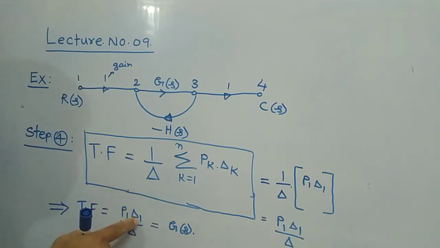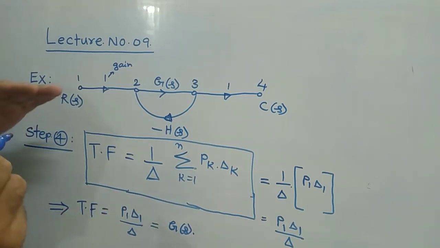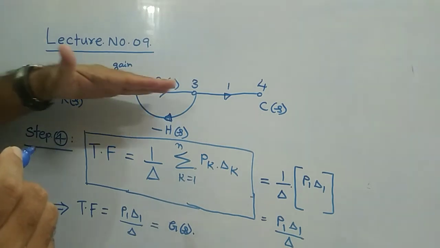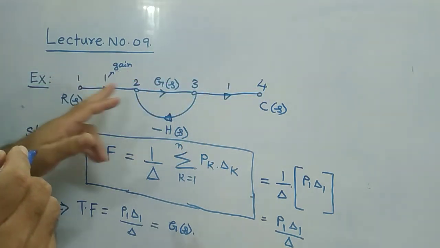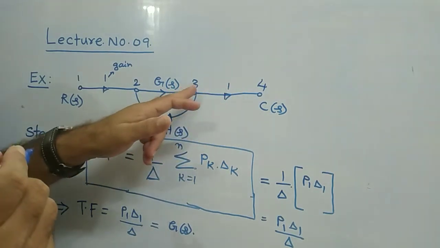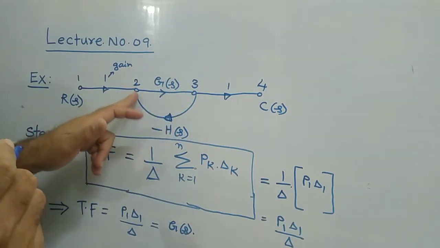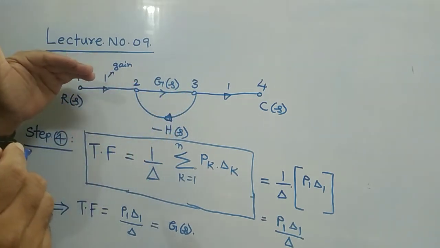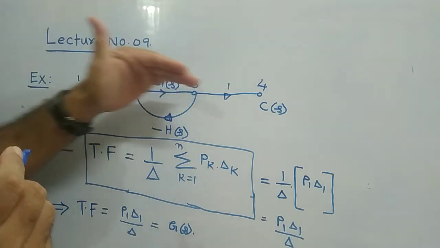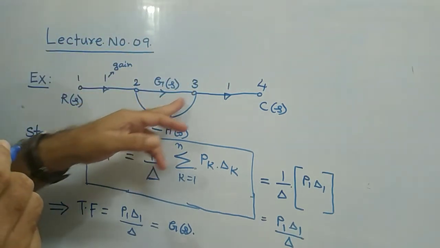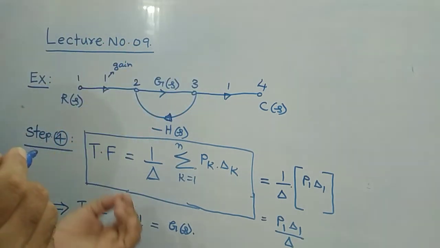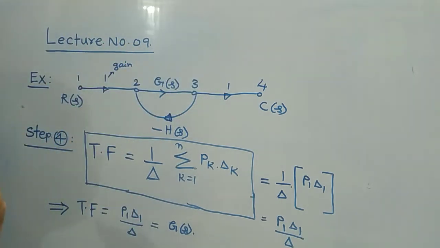Delta 1 is the value of delta with respect to forward path P1. As you have the first forward path P1, and with respect to this first forward path you have one loop, and whatever loop is available with respect to the first forward path, if that loop is touching the first forward path, then delta 1 value becomes 1.